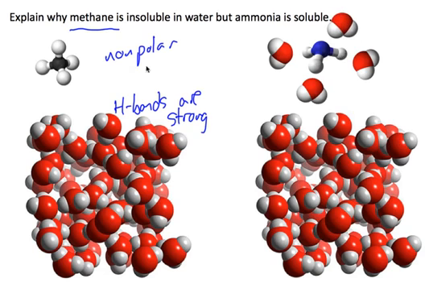Now it has to get in amongst the water, but if it does, it's going to be able to form hydrogen bonds. And so those hydrogen bonds get established again at the hydrogens and the lone pairs on the oxygen. So lone pairs on oxygen of water interacting with the hydrogens of ammonia. And so ammonia is reasonably soluble in water, and that's the reason.